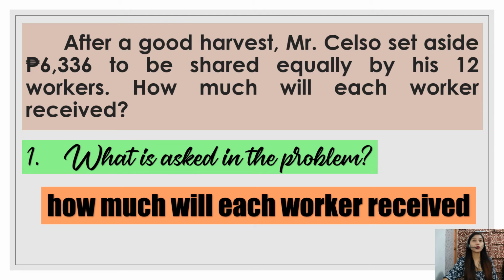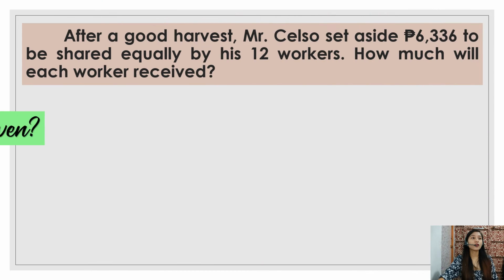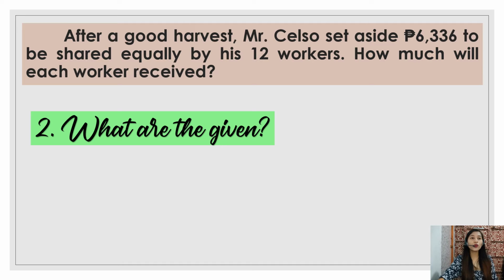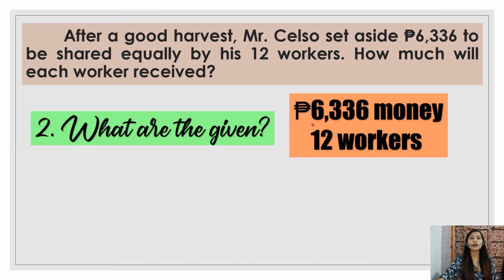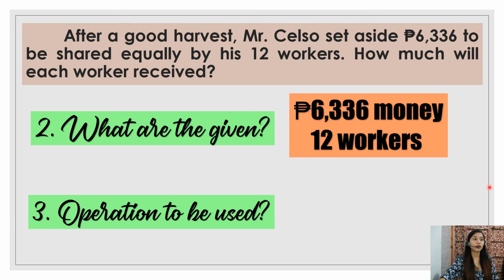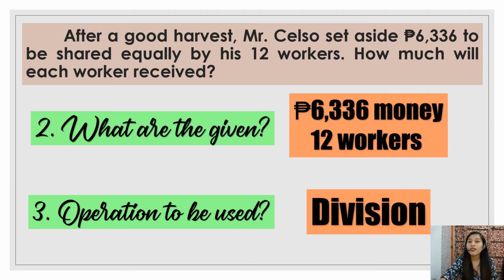Next, number 2 is to know what are the given facts. So first is 6,336, that is the money. And then the second one is 12 workers. Number 3, what operation to be used? So what is our topic? It's all about division.